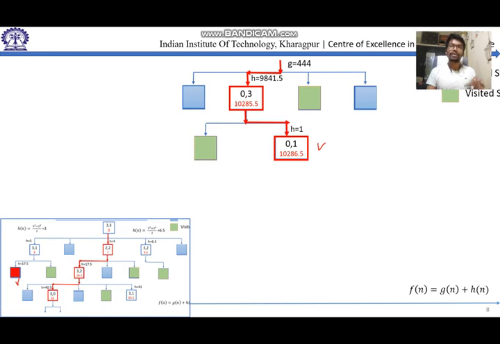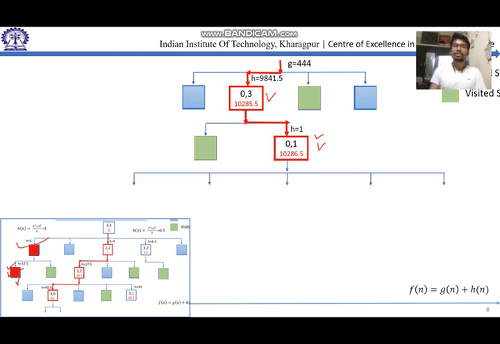This one is the first node that we have visited. It has the maximum function value and it is not along the optimal path, so we can neglect this. So the memory used by this node is now forgotten.